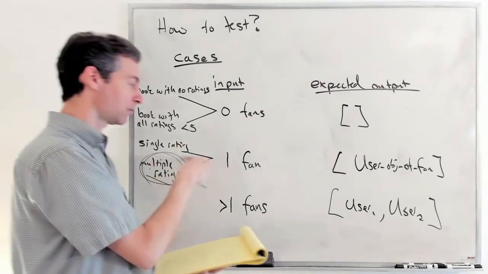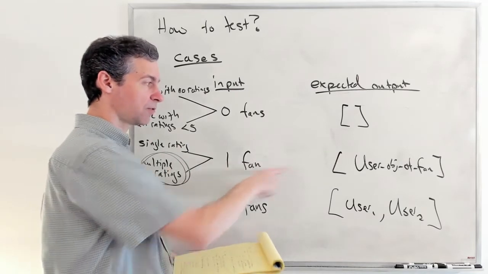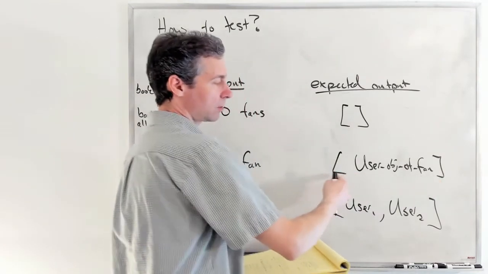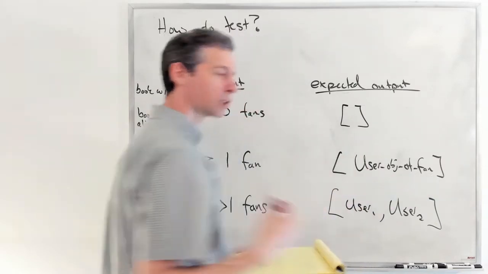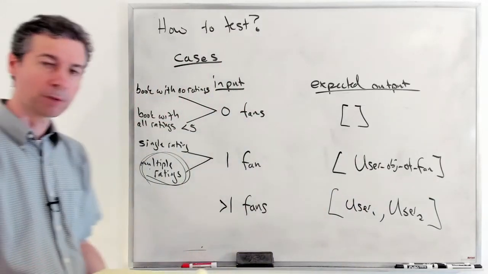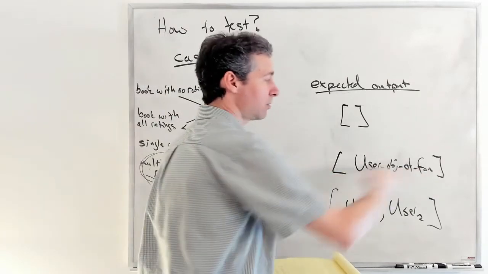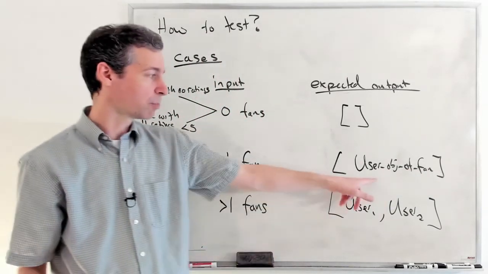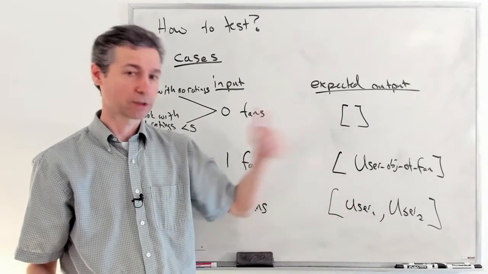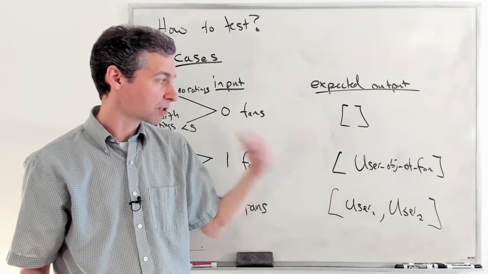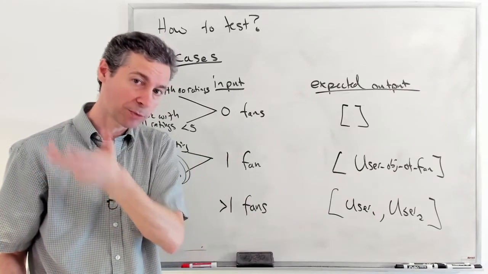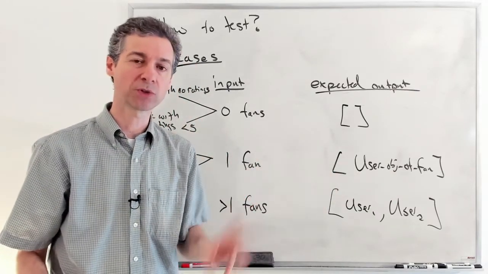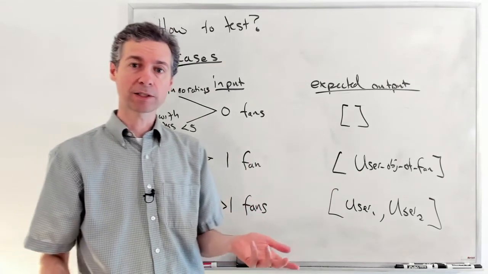And so if I do Ender's Game and ask who the fans are, I should see that I get an array or a relation, and it should include in it Bob. And the total count of users in there should only be 1. So if I check that, oh, Bob is inside of here somewhere, great, and it's a user object, so I'm comparing to the actual Bob user object that I have, I'll be good. And I make sure that I don't have more than 1 user in there. I'll know that I've passed my test.